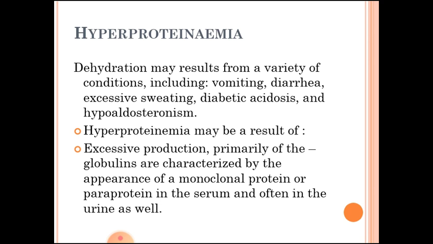Hyperproteinemia may be a result of excessive production, primarily of globulins, characterized by the appearance of monoclonal protein or paraprotein in the serum, meaning immunoglobulins, and often in the urine as well.